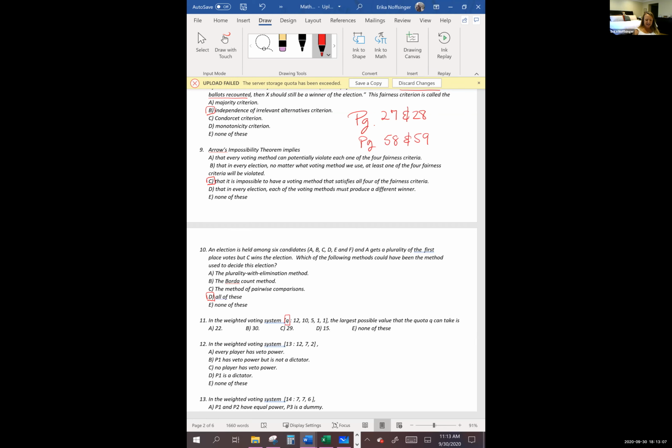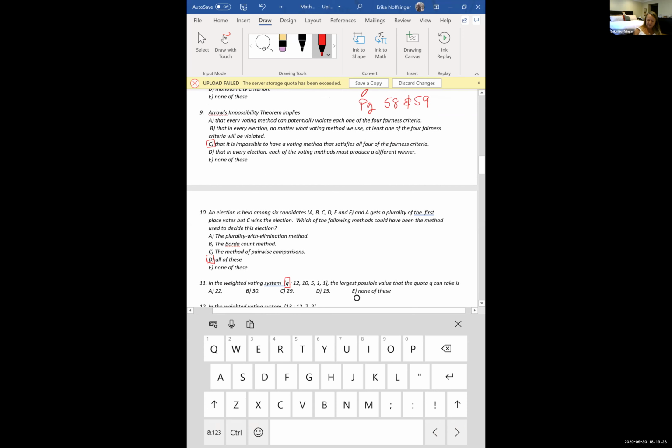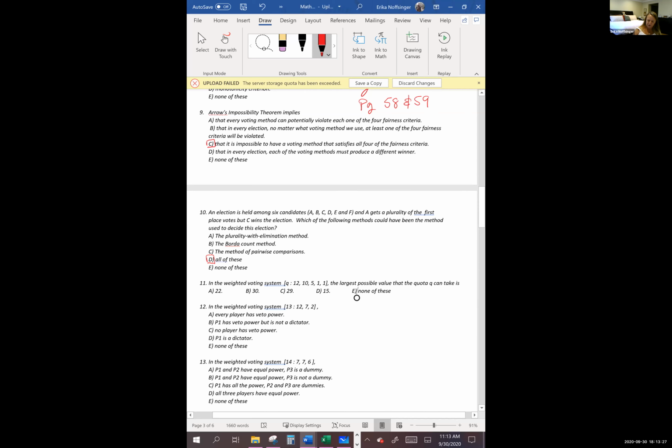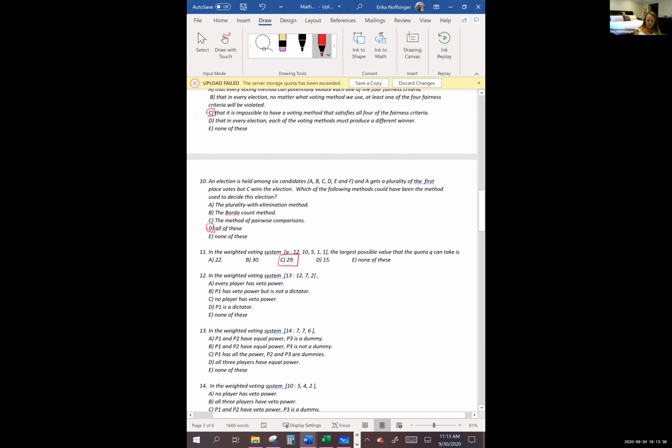It wouldn't make sense to have 30. We could have a quota that's 29, and that would mean that the only way a motion would pass is if every voting member was in favor of it. So it's possible that the maximum, though usually it's not, could be 29.